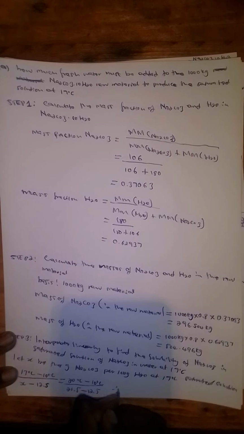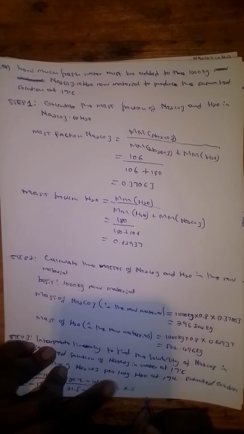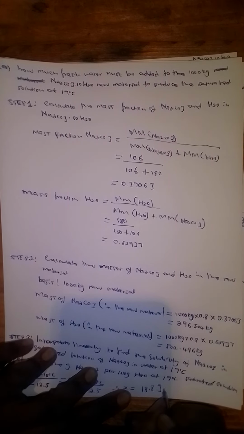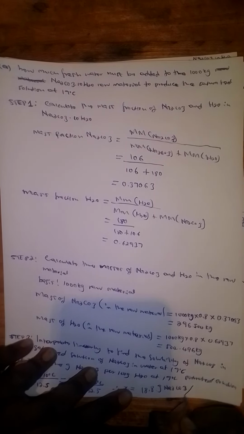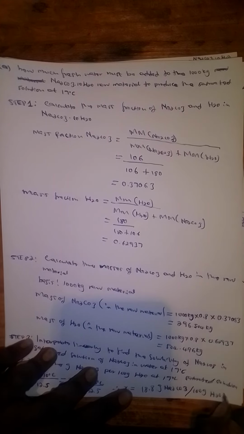Therefore, if you do your calculation, your X will give you 18.8 grams Na2CO3 per 100 grams H2O.